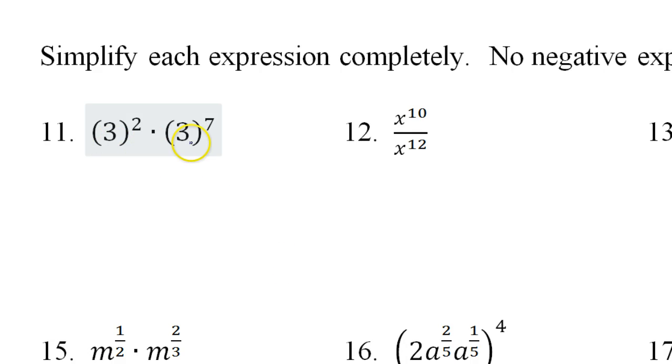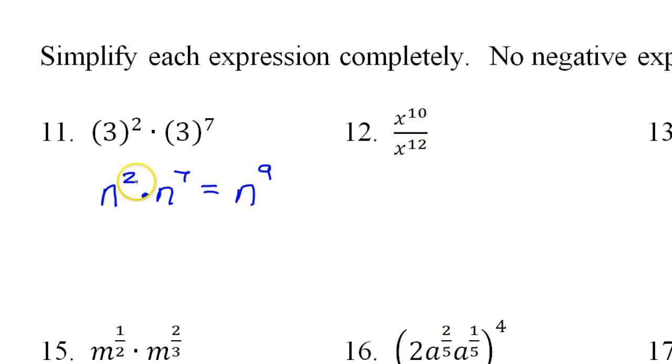When you multiply two numbers with like bases, and normally students do better at first with variables with this. So for example, if I had n squared times n to the 7th power, what would that be? That would be n to the 9th power.